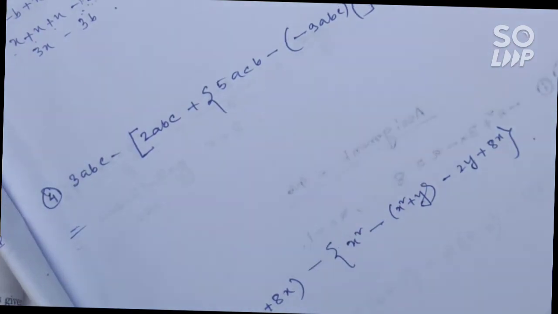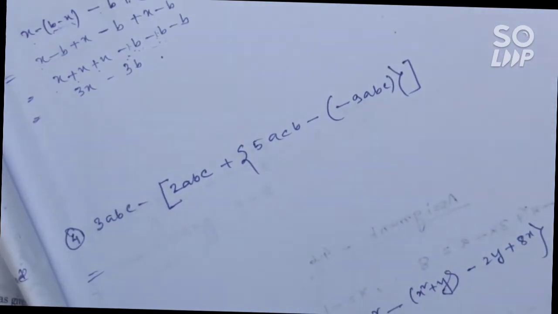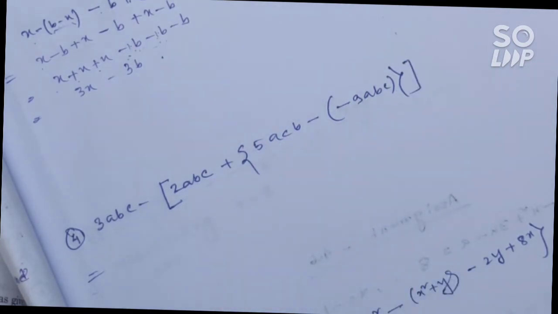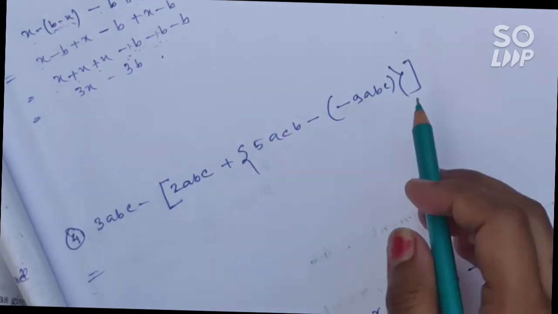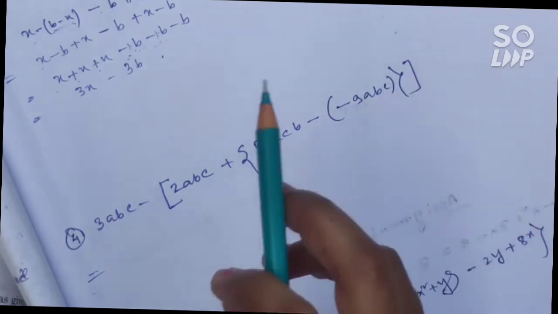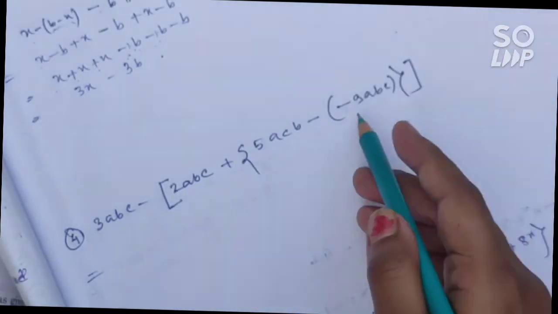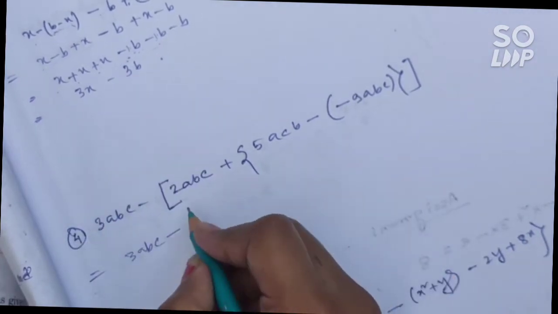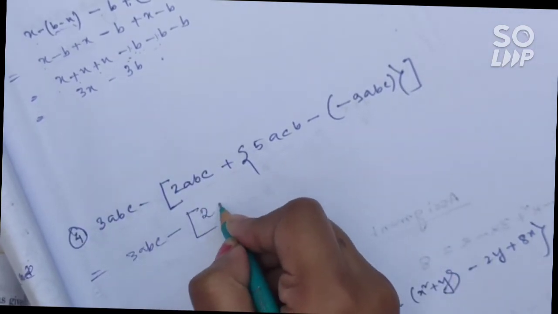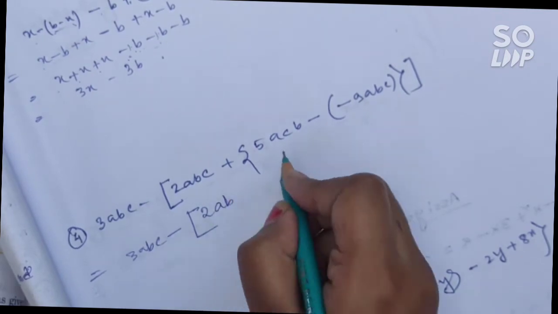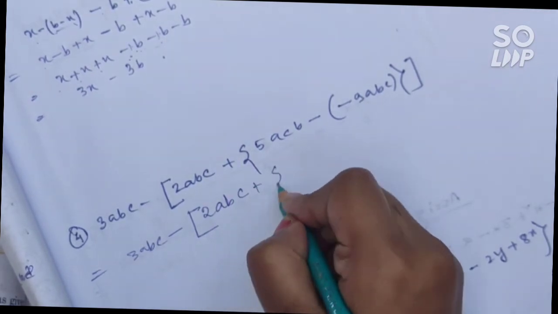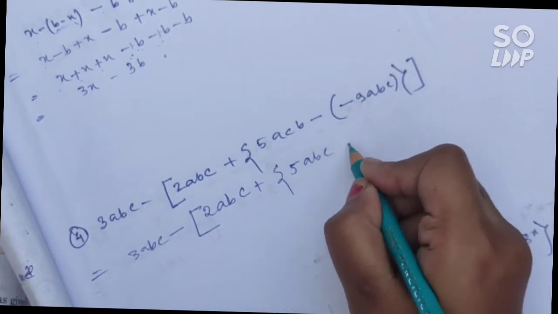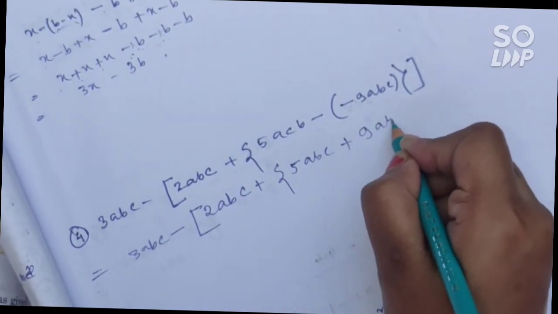Okay. So first of all, let us check, can we do the operation on the terms between the first bracket? There is minus 9abc. No other terms, so we will simply remove the first bracket first of all. And the other terms will be written the same. Plus 5acb can be written as abc, minus plus 9abc.